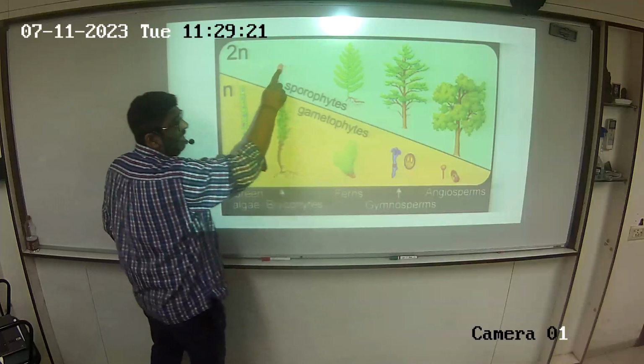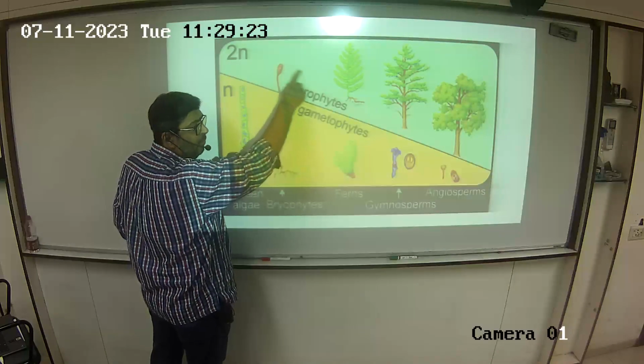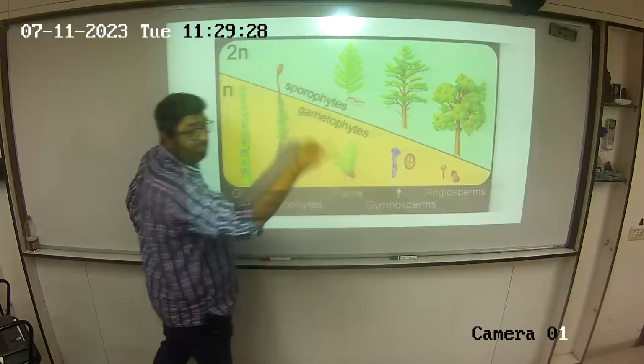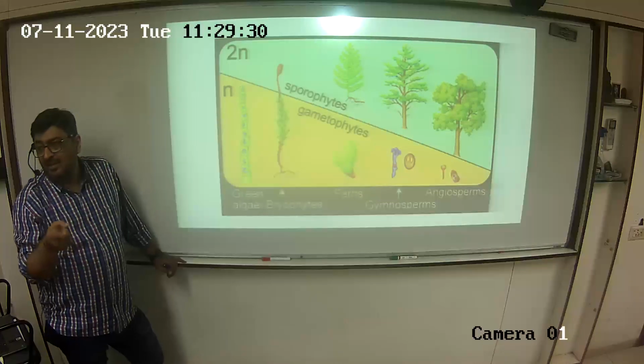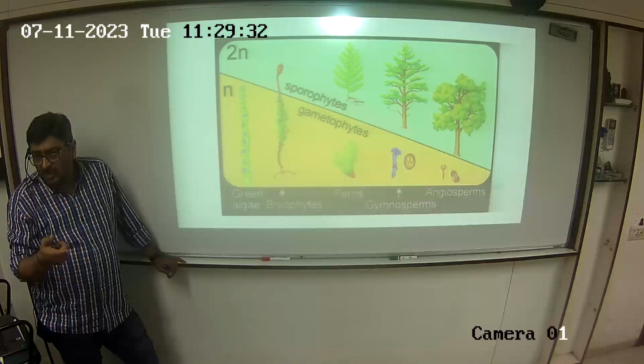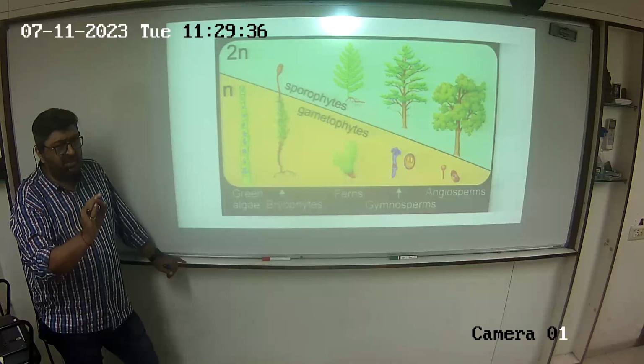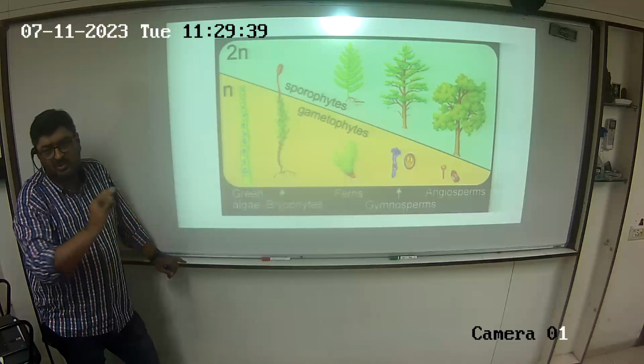What does the capsule do? It produces spores. So what would be the ploidy of the spores then? And it comes from meiosis, right? So you have to be very clear which stage is going to be the haploid part and which is going to be the diploid part.